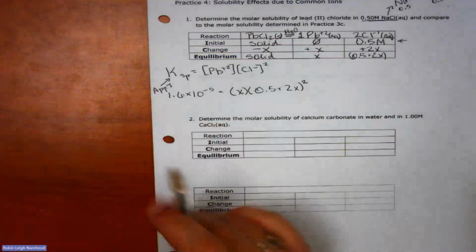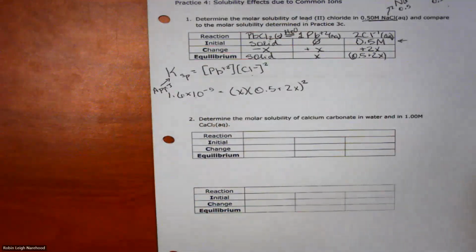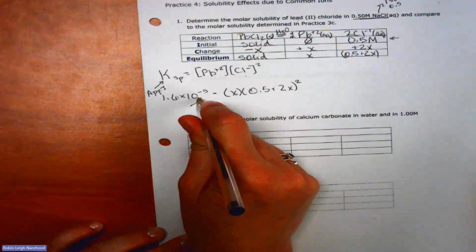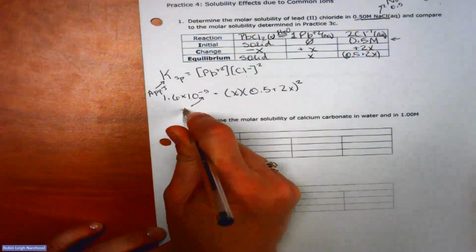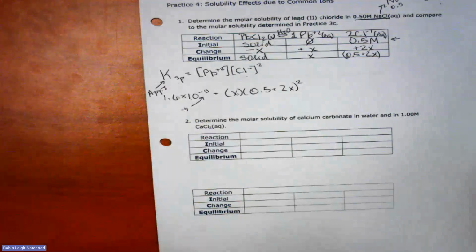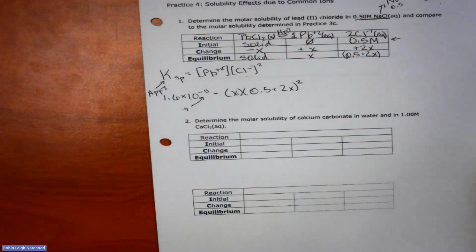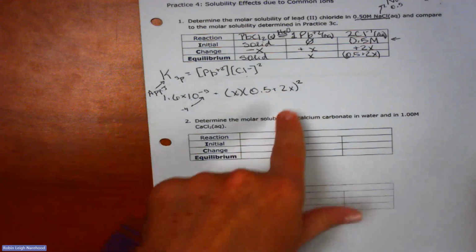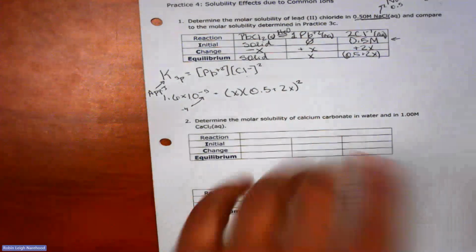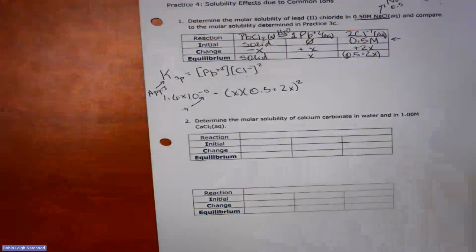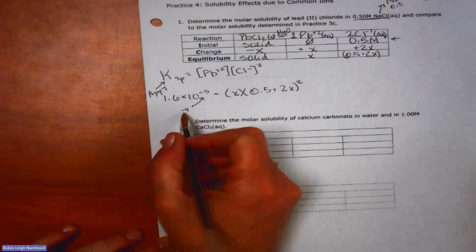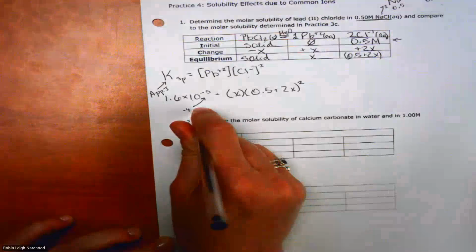So our math simplification applies when your constant is to the negative 4th or smaller, and negative 5 is smaller than negative 4. Negative 3 is bigger. So if your constant is negative 1, negative 2, or negative 3, you cannot do what I'm getting ready to say. It has to be small. The smaller it is, the smaller X is. So it has to be a really small constant so that you get a really small X.